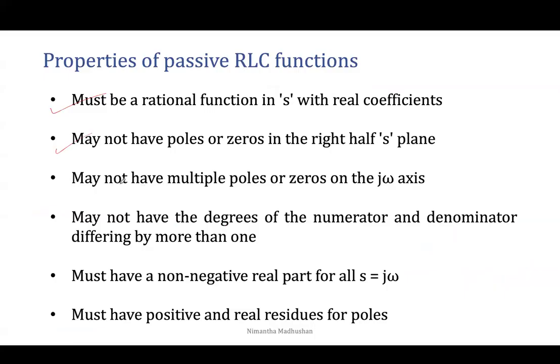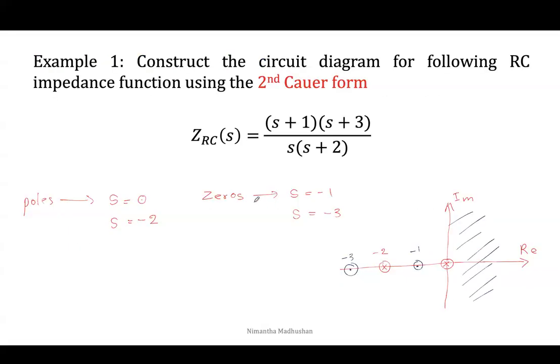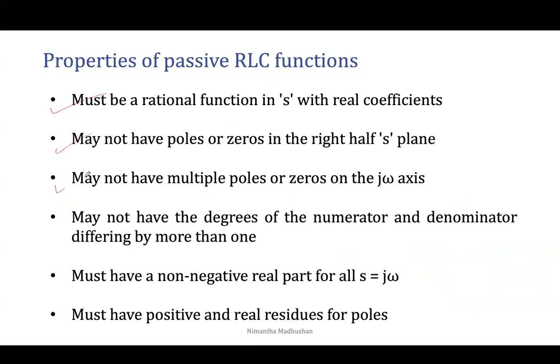The third one is that it may not have multiple poles or zeros on the imaginary axis. When we consider these poles and zeros, there are no multiple poles or zeros. Then the third one is also satisfied. And the fourth one is that it may not have the degree of the numerator and the denominator differing by more than 1.